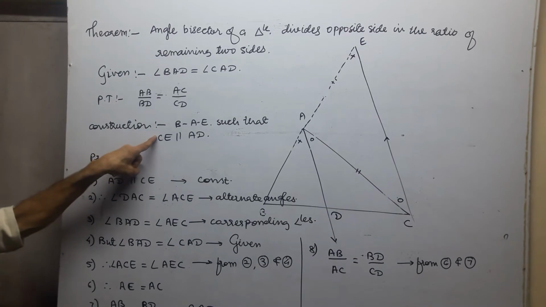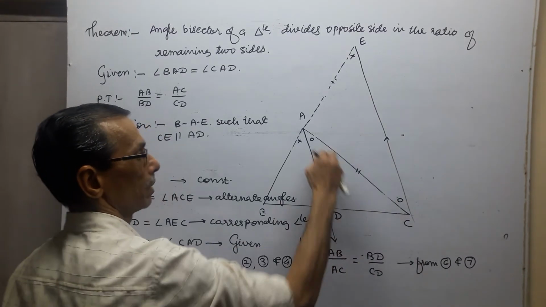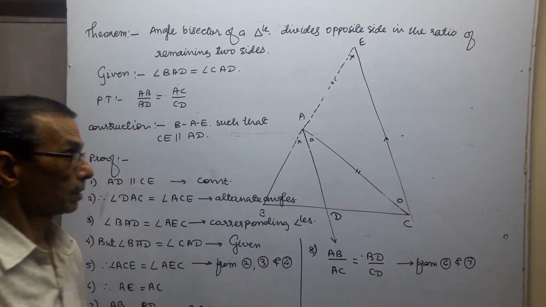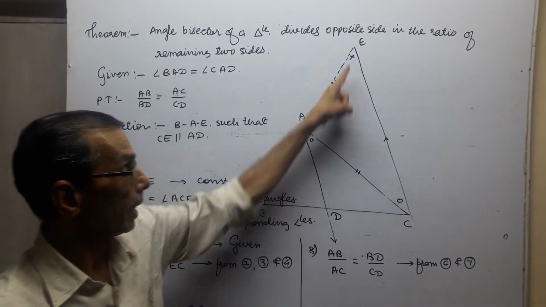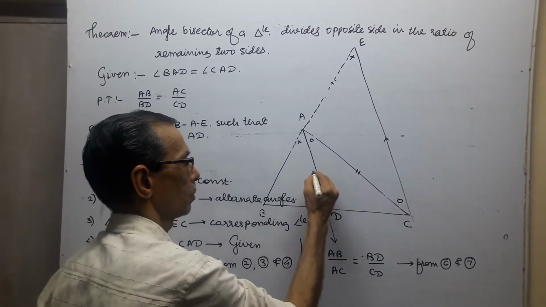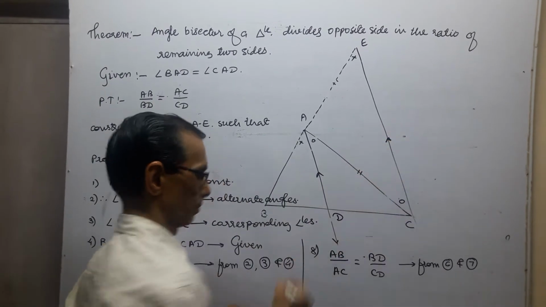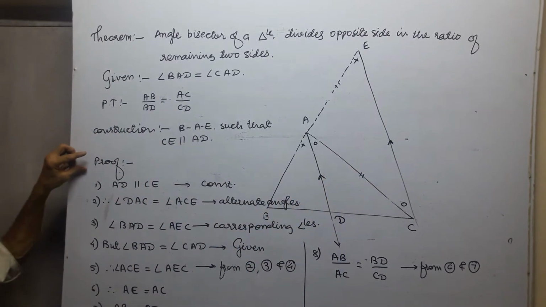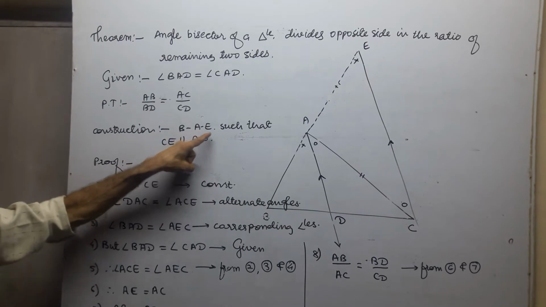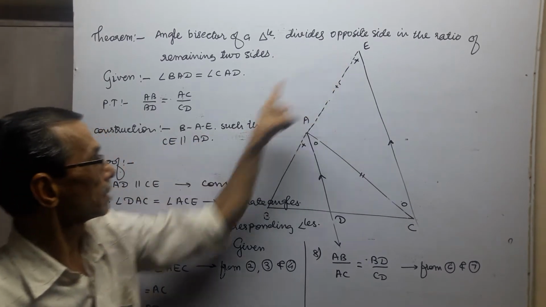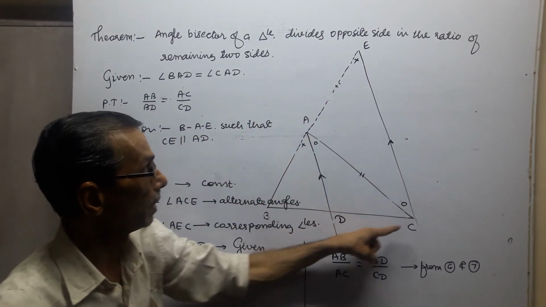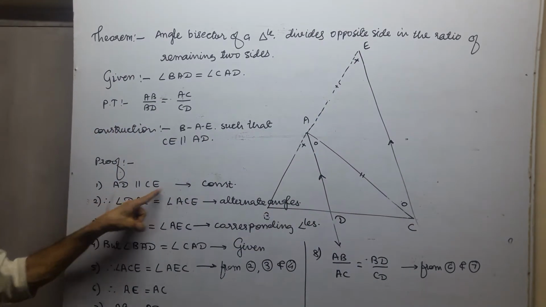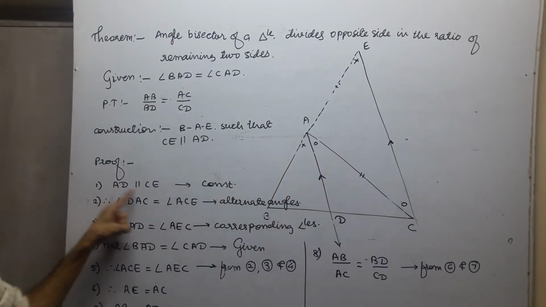Now here the construction is: we extend BA up to E such that CE is parallel to AD. So these are parallel. See the proof now. AD and CE are parallel.